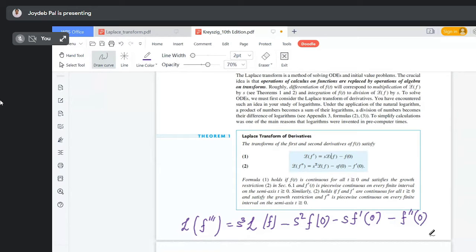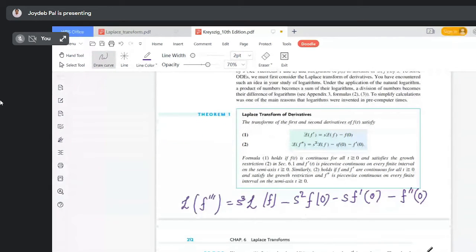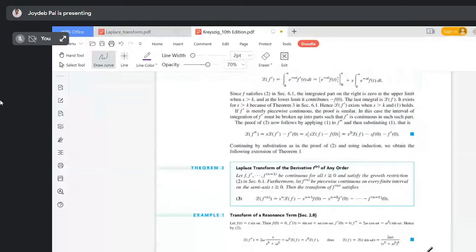So you can see the generalized formula for this Laplace transform of nth derivative of f. ये एक ही फॉर्मूला याद रखने से पर्टिकुलर केसेस 1 2 3 वो सब लिख सकते हो. ओके, so Laplace transform of fn. Fn means nth derivative. So it started with s to the power n.